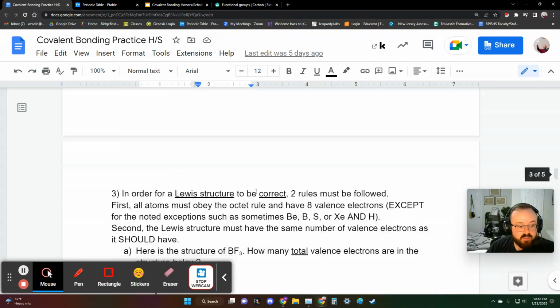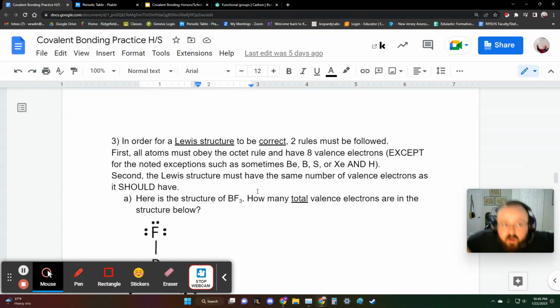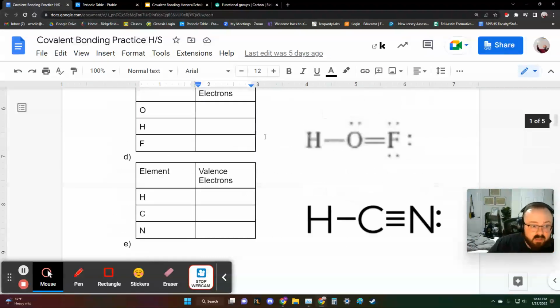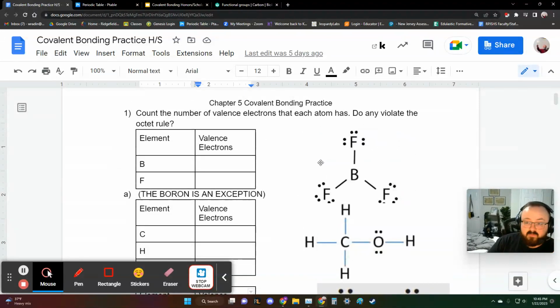So with all of this, there's 2 rules. What I'm going to have you do on your quiz is step 1, you're going to see, does anything violate the octet rule? Because if this violates the octet rule, there's kind of no point in moving on. But I'm still going to make you move on just to have you do it.